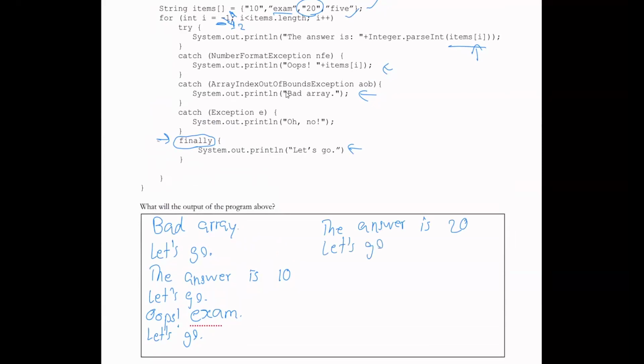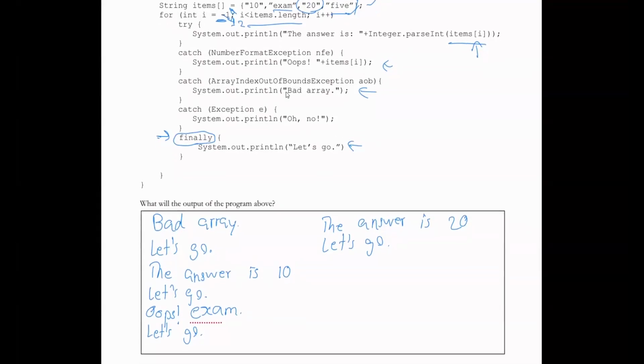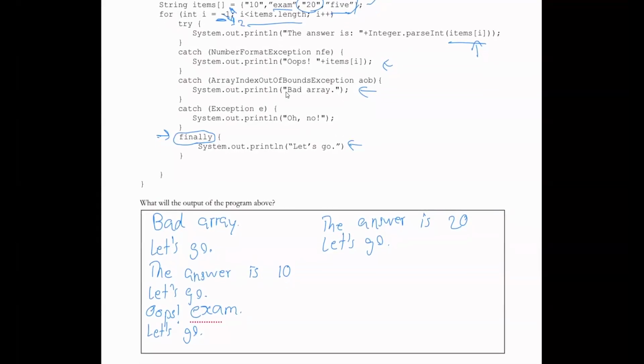And then the iteration at 5. Here it is items.length, so we don't need to worry about index out of bounds again. It will still end at 5 here. So 5, you cannot convert. It will give you an error.